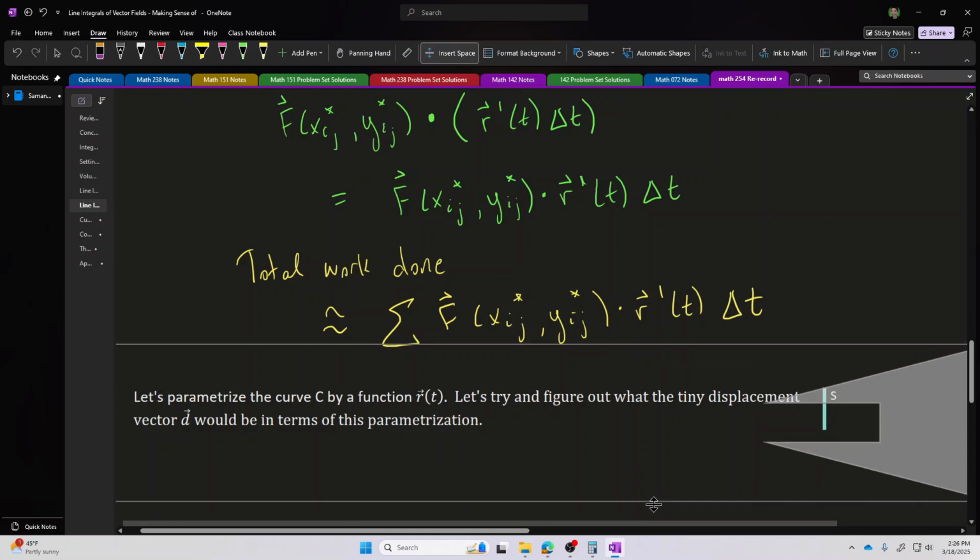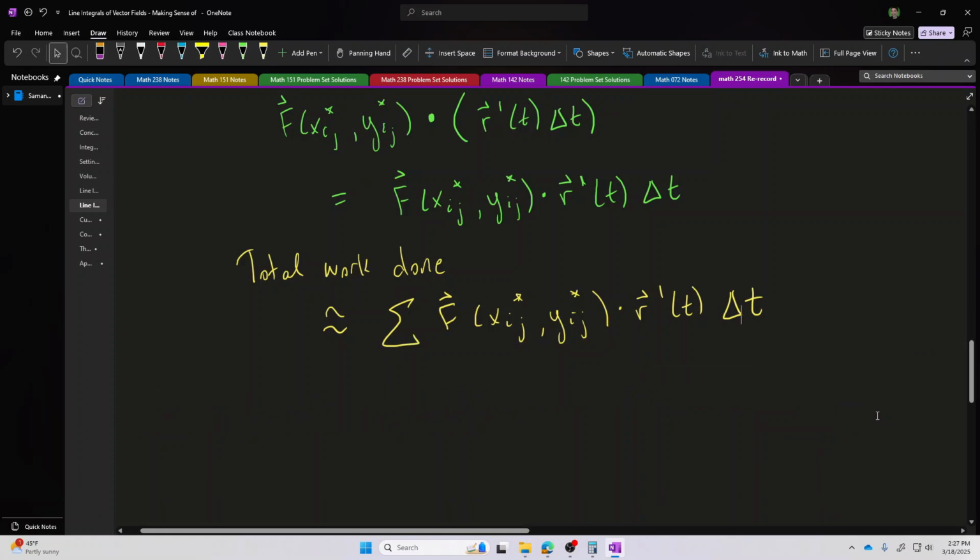So if I wanted to turn that Riemann sum approximation into a perfect calculation, as usual, all I have to do is shrink delta t to decrease the sizes of the chunks of curve that I am working with.